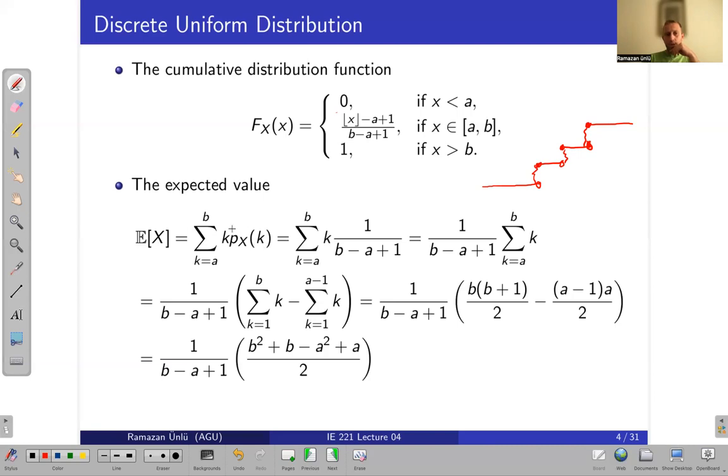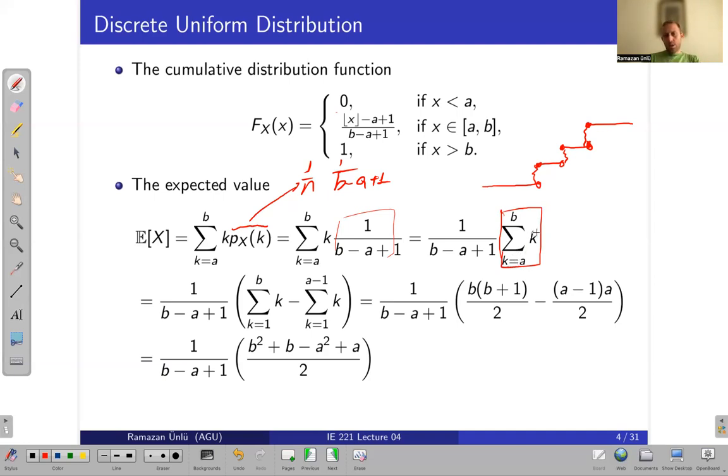I know this part, right? This is 1 over n, and this is 1 over B minus A plus 1. So it will be the sum of k times 1 over B minus A plus 1. This is constant, so it will go out, and I need to solve this one.